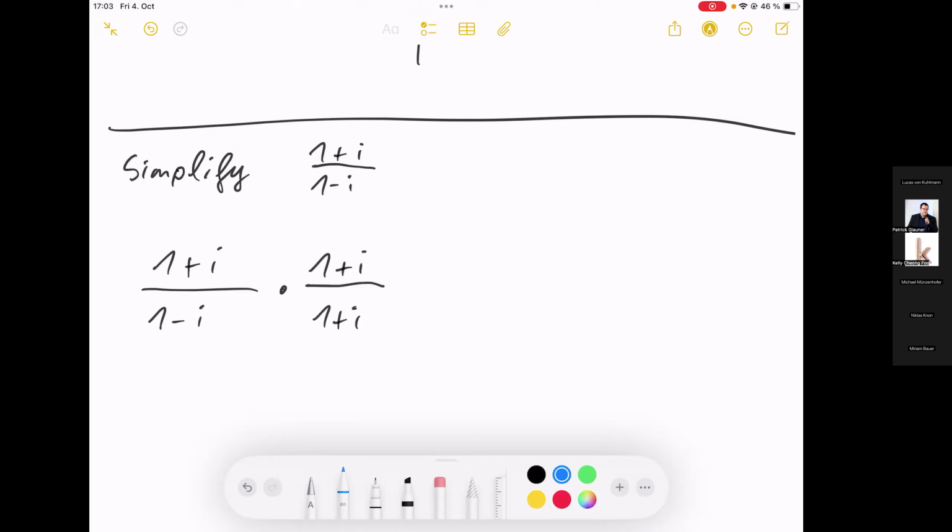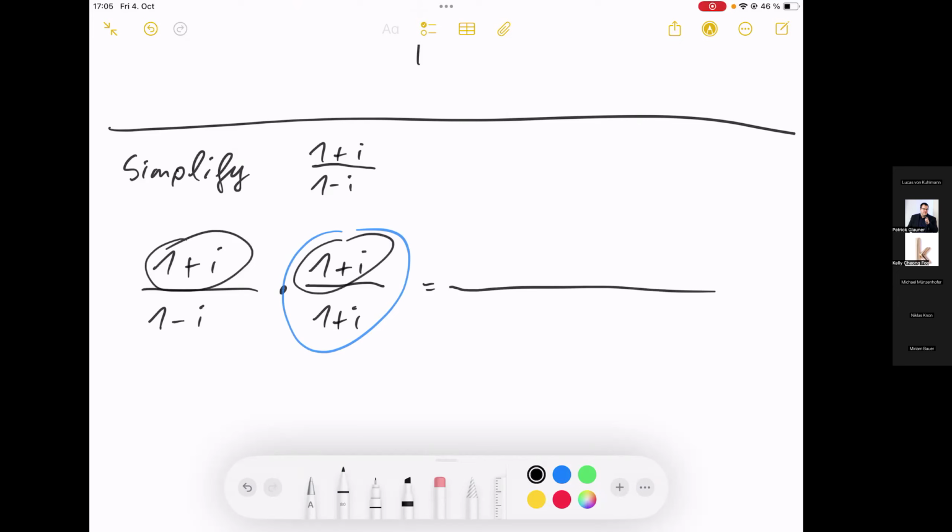Because this term here is just 1. If I divide something by itself, it's 1. But I multiply this from the right. And now I need to multiply these fractions with each other. And multiplying a fraction here with a different one means I multiply the numerators and the denominators. So it's 1 plus i times 1 plus i.